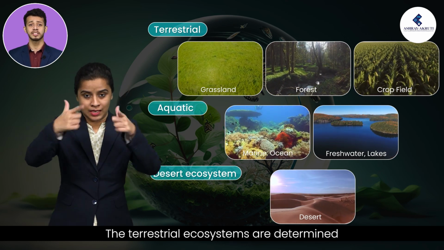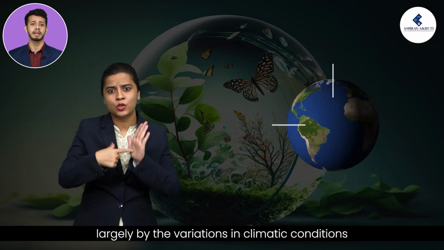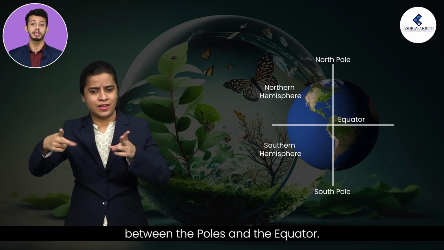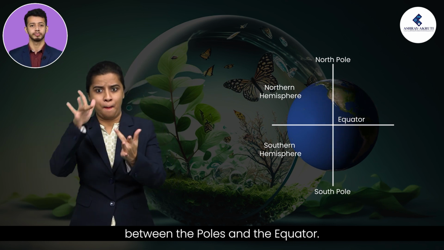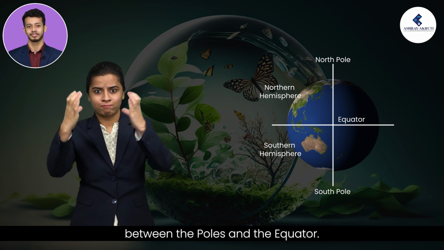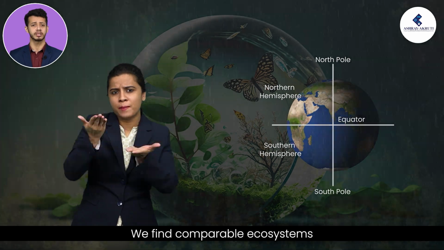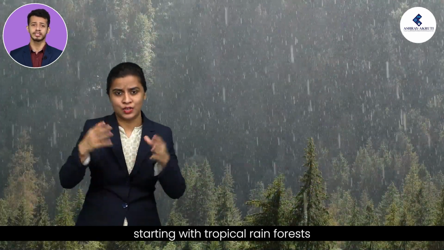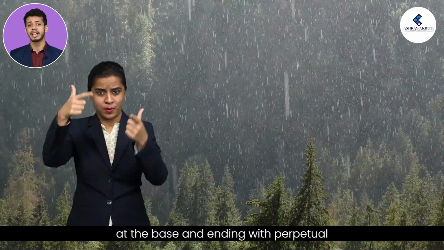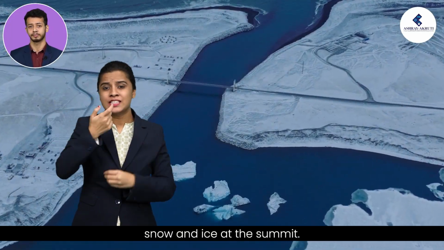The terrestrial ecosystems are determined largely by the variations in climatic conditions between the poles and the equator. We find comparable ecosystems starting with the tropical rainforests at the base and ending with the perpetual snow and ice at the summit.